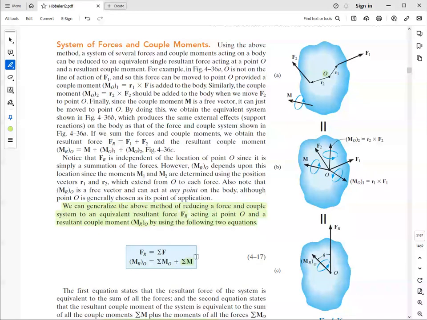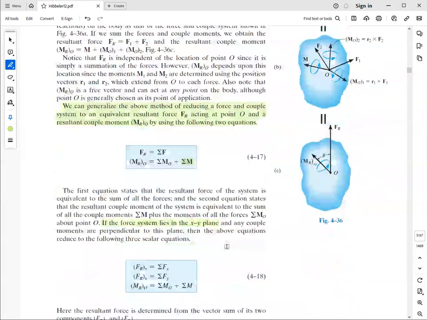So you sum the external moments and then you evaluate the moment of the forces relative to that point. Again, moments can be anywhere. You can move them parallel to themselves. They are free vectors. Their effect via the body upon the environment will be the same.